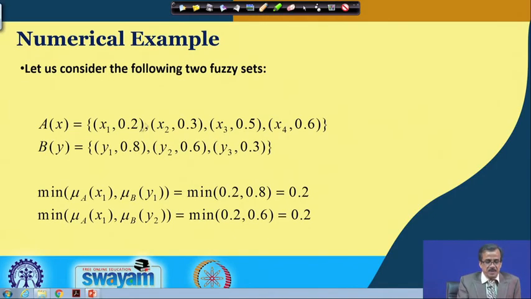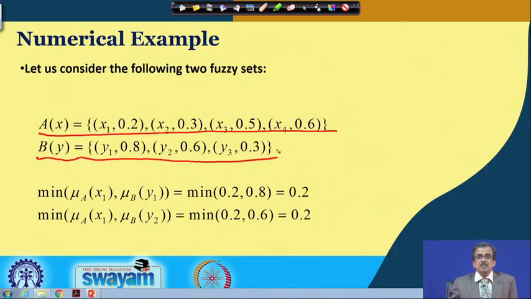Supposing that I have got two fuzzy sets, one is A(x) and another fuzzy set in another universe of discourse, that is B(y). How to find out their Cartesian product? We will have to find out the minimum of mu A(x1) comma mu B(y1). So, mu A(x1) is 0.2 and mu B(y1) is 0.8.